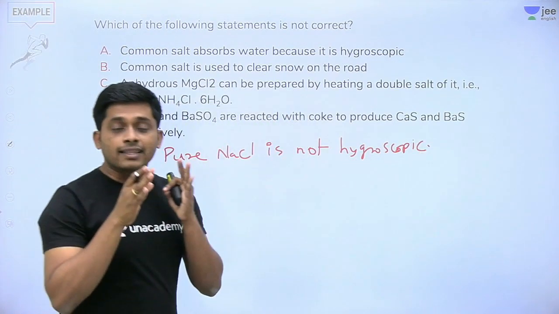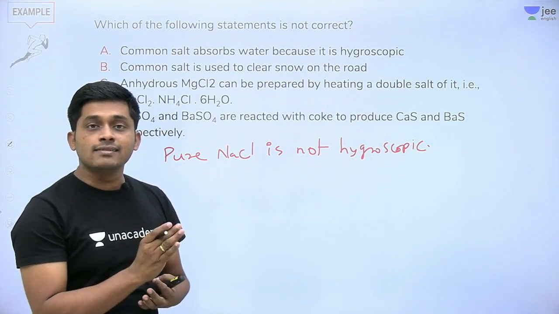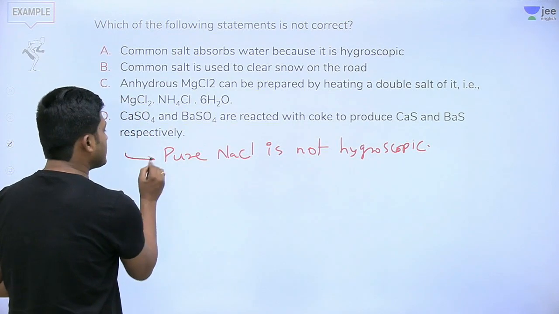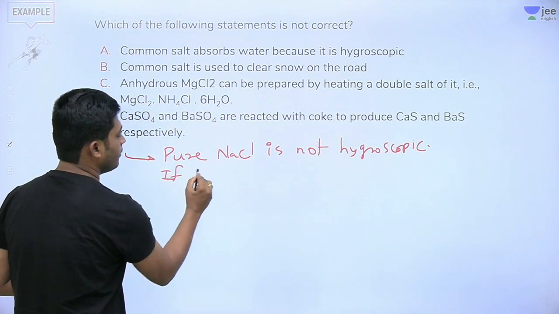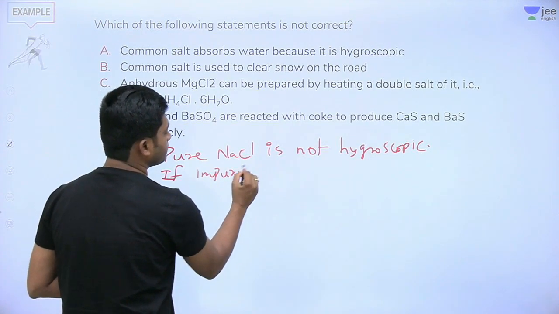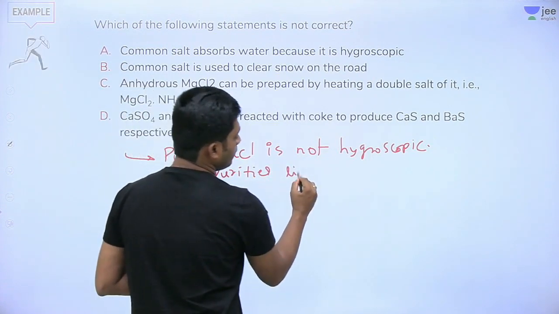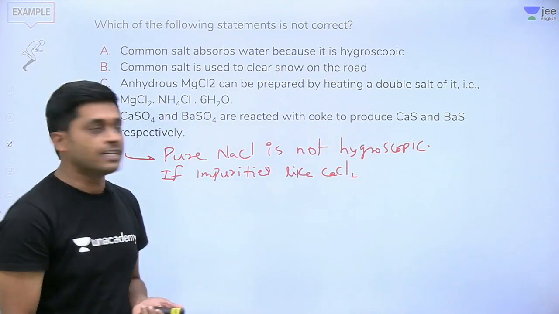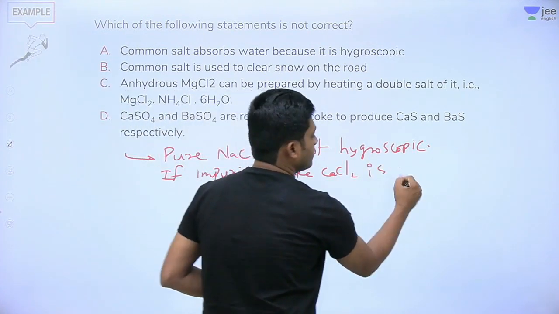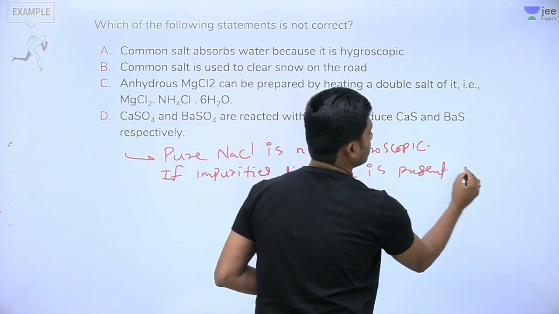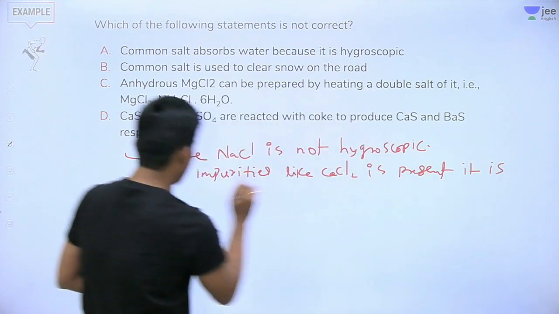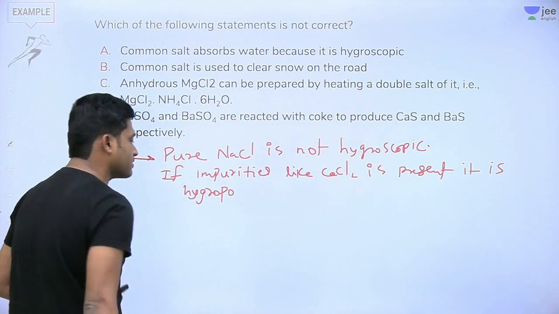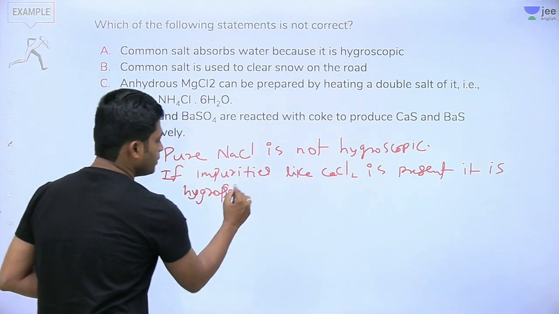It becomes a hygroscopic salt because of impurities. If impurities like calcium chloride are present, it is hygroscopic. Right? Understood? This is a very good point in NaCl properties.